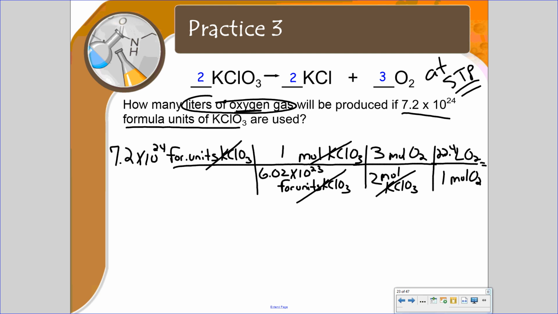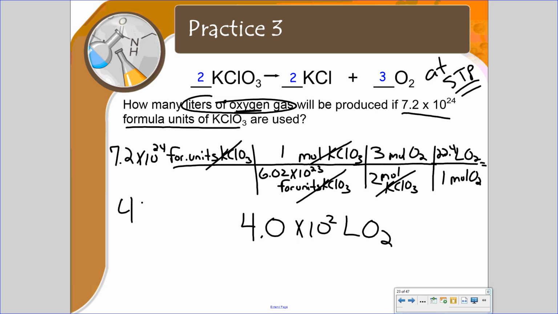Okay, so when you multiply everything across the top, 7.2 times 10 to the 24, remember you enter that by doing 7.2 EE 24 times 1 times 3 times 22.4 divided by everything on the bottom. Then you will get an answer of 4.0 times 10 to the 2 liters of oxygen with significant digits.